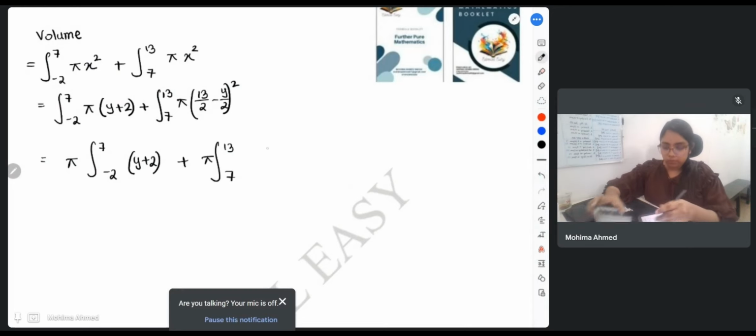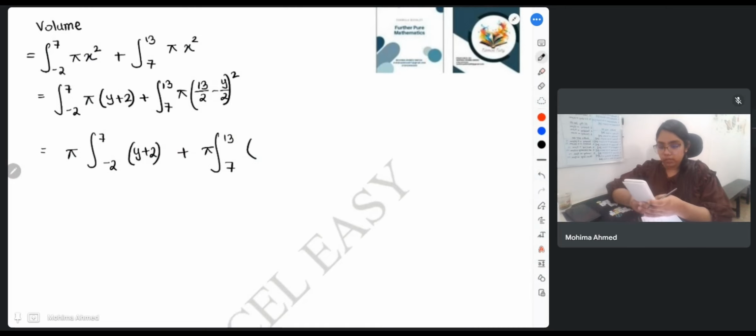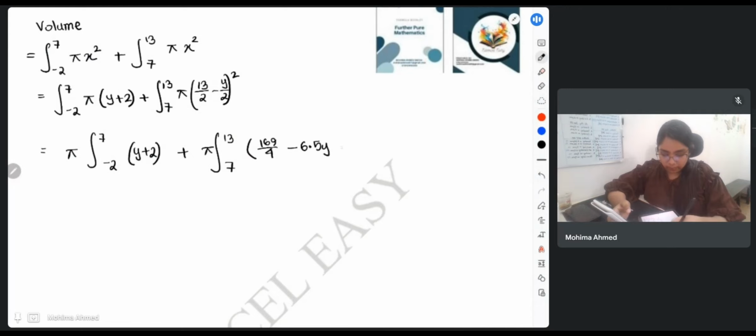And now you have 13 by 2, which is actually 6.5. So now you can write that 6.5 squared is actually 169 by 4, and then again 6.5 times 0.5 times 2 is just 6.5y, so you have 6.5y, and then finally for this case it's going to be y squared divided by 4, right?